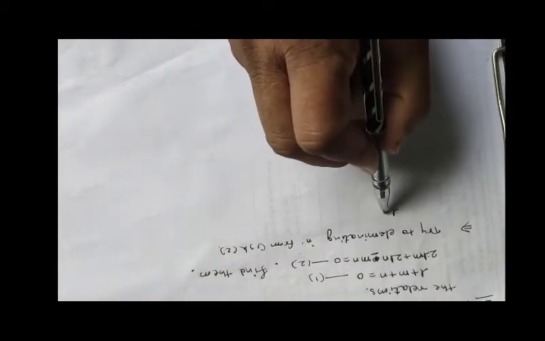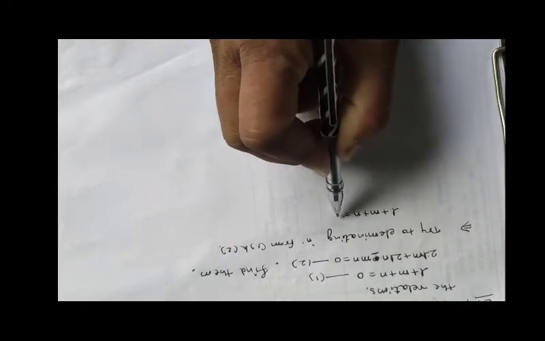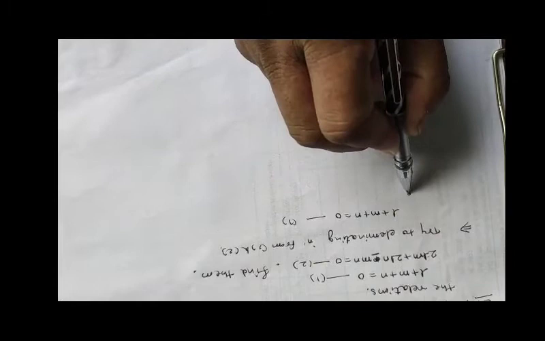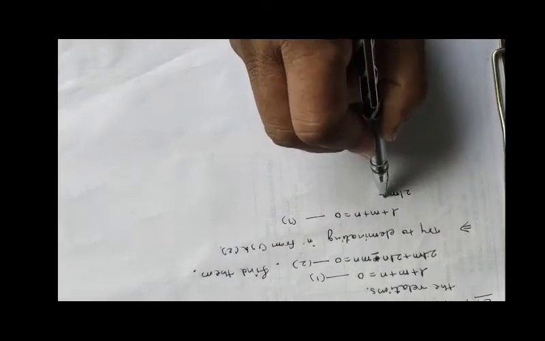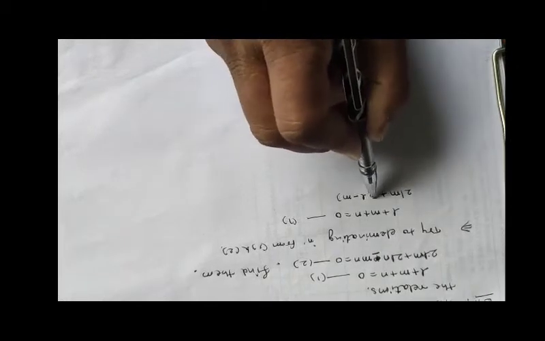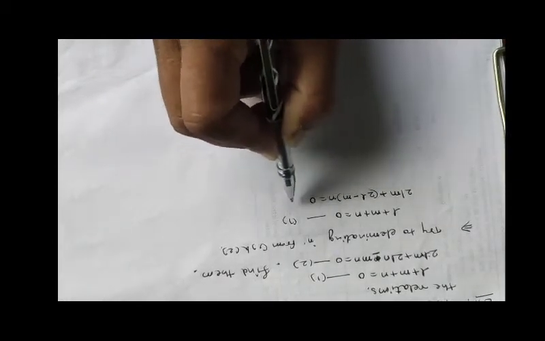So equation first is l plus m plus n is equal to 0. This is equation number 1. And the second equation I can write as 2lm plus (2l minus m) into n equal to 0. This is equation number 2.